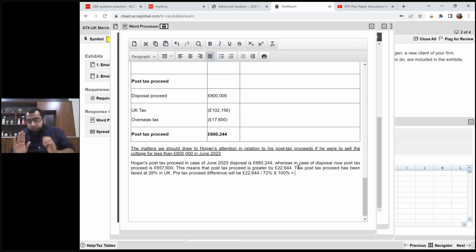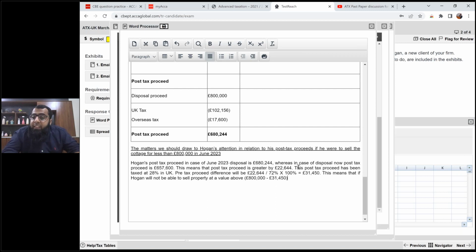Just listen to me carefully. 22,644 divided by 72 multiplied by 100 is 31,450. This means that if Hogan is not able to sell the property at a value above 800,000 pounds minus 31,450 pounds. This 800,000 pounds is the pre-tax amount.